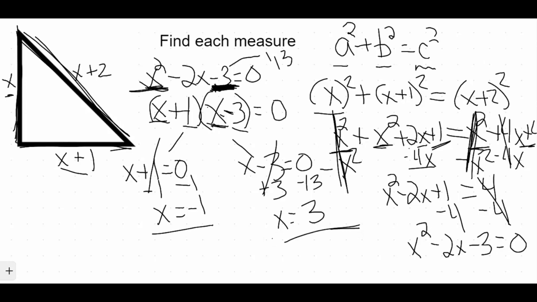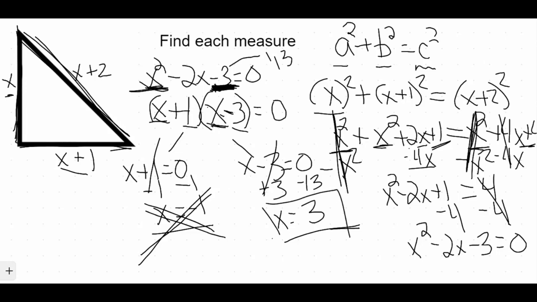So what we're going to have to do here is just kind of think back for a second. We're finding a measurement of a triangle, a distance, how long this is. And when it comes to measurements, you cannot have a negative measurement. So if you do get a negative answer here, you have to throw that answer away. It's meaningless for this problem.